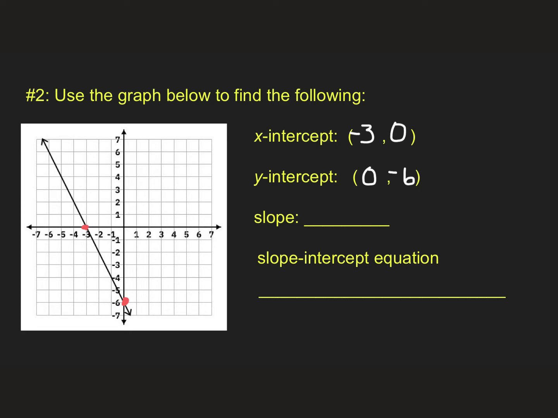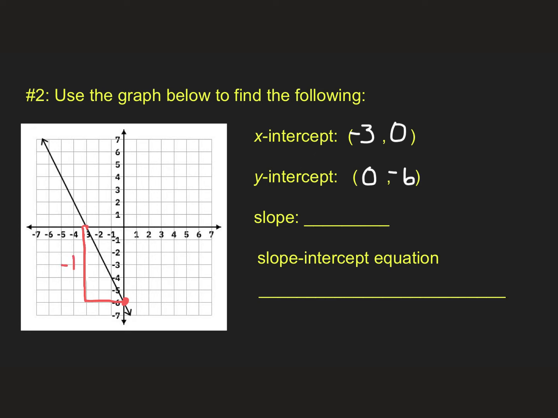Now, because those are corner points, I can count rise over run. Now, this graph, remember, we read a graph from left to right. As you can see, the graph is going down. So from left to right, how many down, how many over? Now, you can choose any points that go on a corner. I chose my intercepts because they were pretty points. So this went down 6.